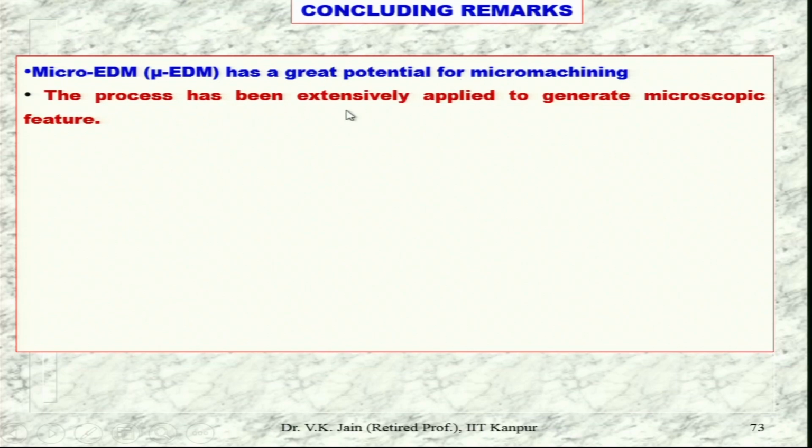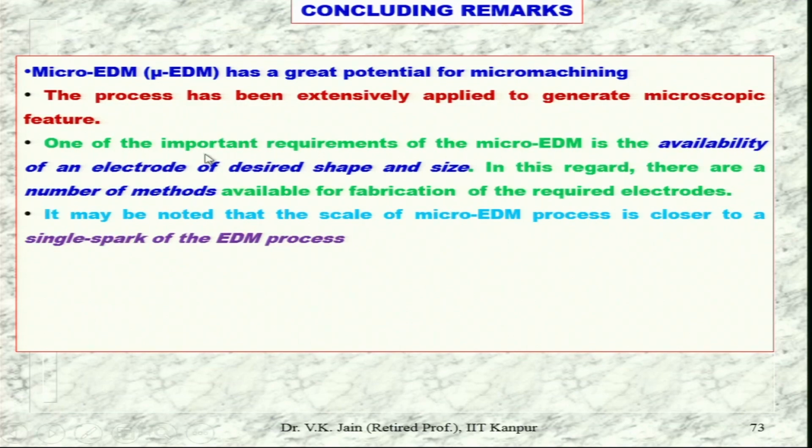The process has been extensively applied to generate microscopic features. I have shown you examples of various micro features that have been successfully developed using the EDMM process by performing different types of operations. One of the important requirements of micro EDM is the availability of an electrode of desired shape and size.